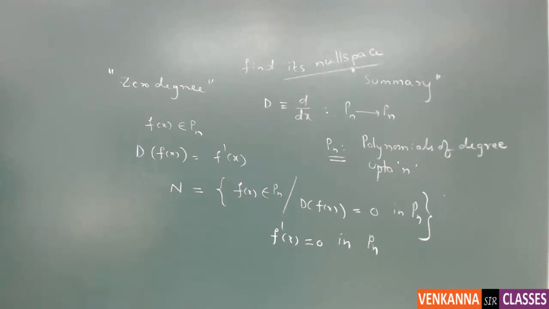Because if you take a first degree polynomial and differentiate it, can you guarantee that the derivative will be 0? No. That's why we consider only constant polynomials, nothing but polynomials of degree 0. Accepted? All of you? Any questions?